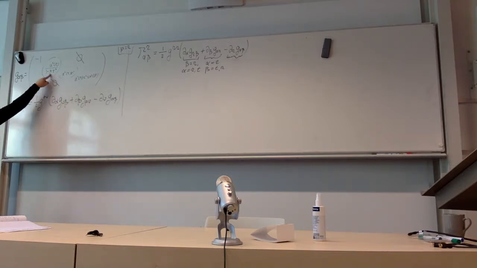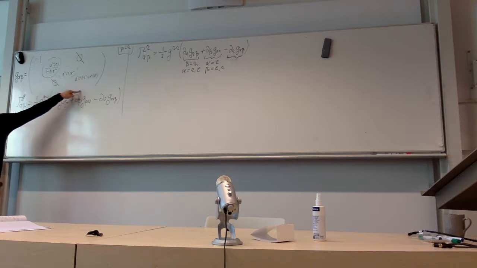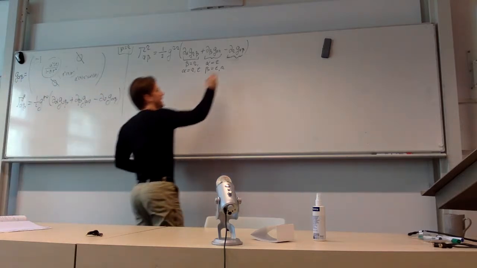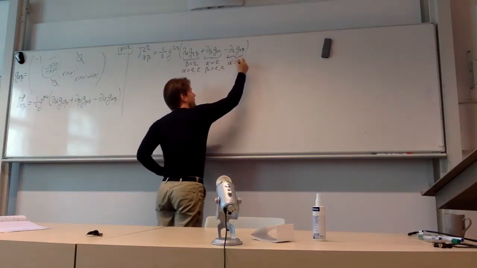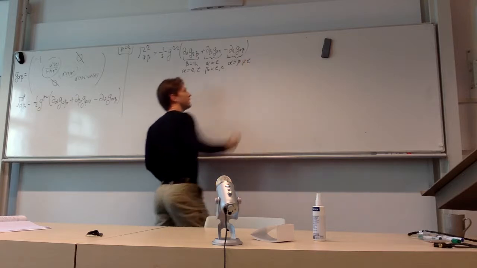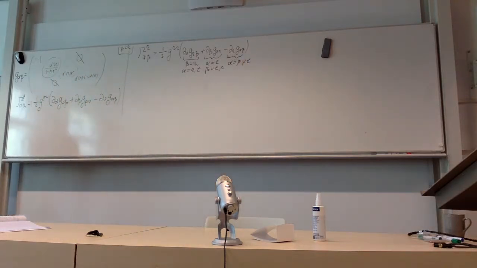So this one has an R, this one has an R, that one has an R. So that means alpha has to be equal to beta as long as they do not equal the time component, because this is the only one that is not R dependent. So really we've laid out all the options here. And now it's just a matter of putting in the functions.